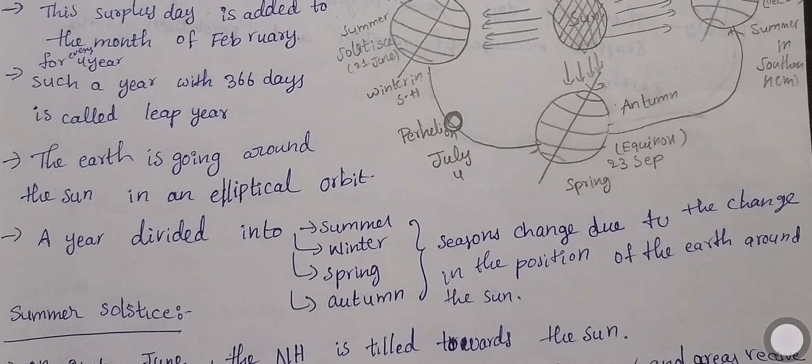These seasons change in a year due to the change in the position of the earth with respect to the sun. That is, the earth is revolving around the sun. That's why we have seasons: summer, winter, spring, autumn.